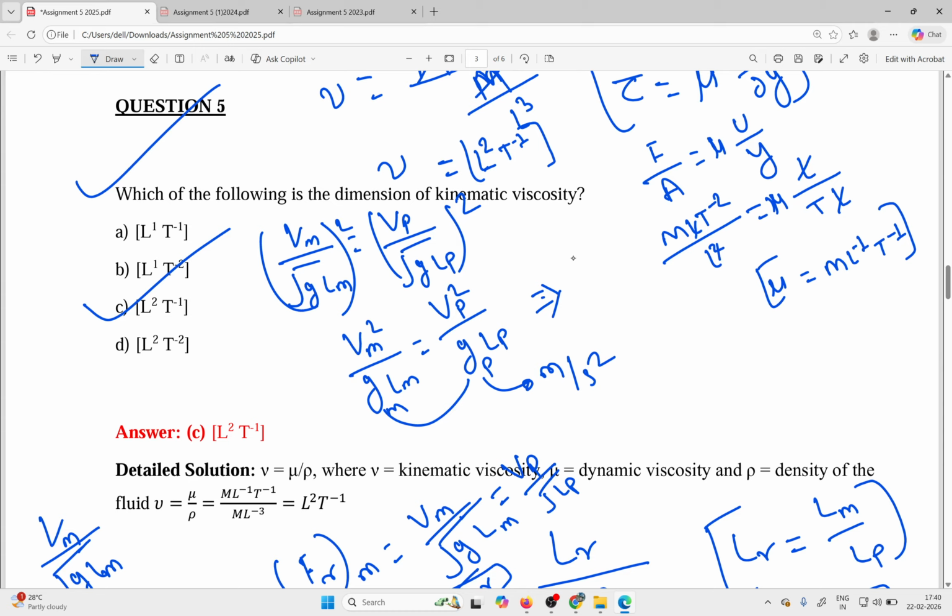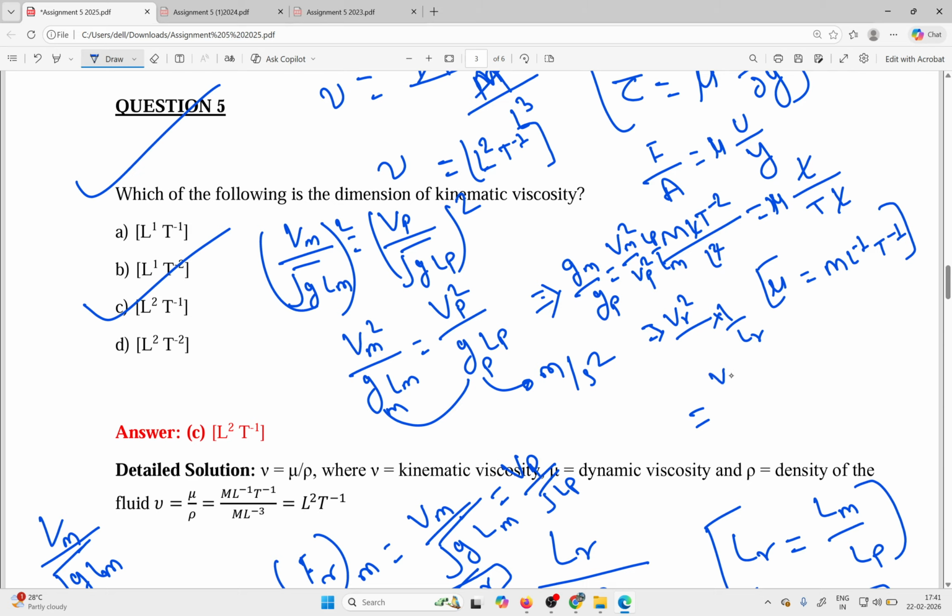So if we write gm by gp, we can write Vm square divided by Vp square, into Lp by Lm, means Vr square times Lp by Lm, which is nothing but 1 by Lr.